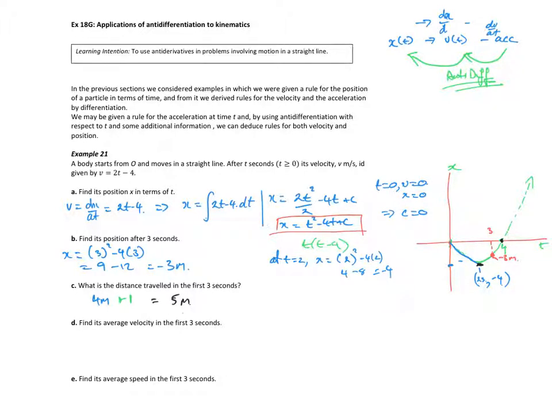Average velocity in the first 3 seconds. All right, so average velocity. As soon as they talk about average, we're no longer talking about the derivative. So it's the change in position over the change in time, which is, I guess, y2 minus y1 over x2 minus x1.